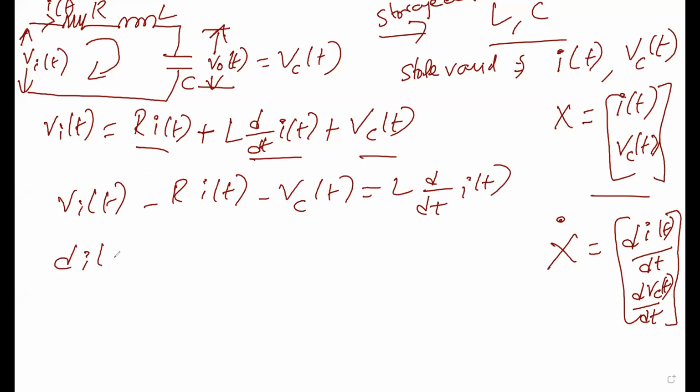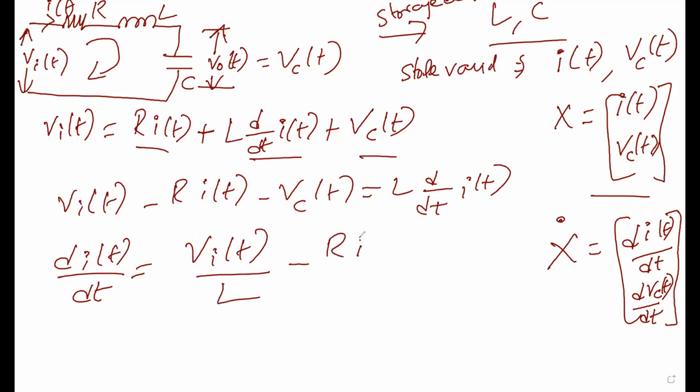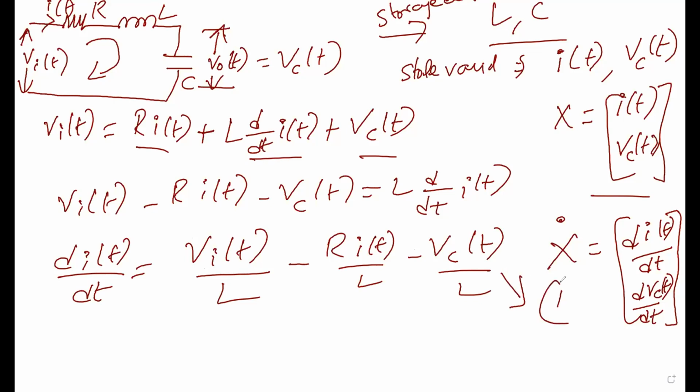So di of t by dt equals Vi of t by L minus R I of t by L minus Vc of t by L, which is equation 1.